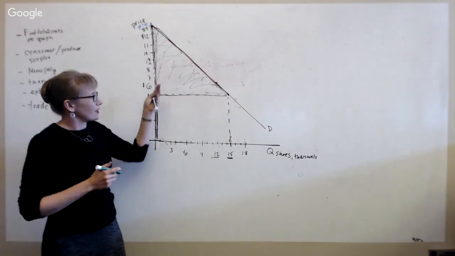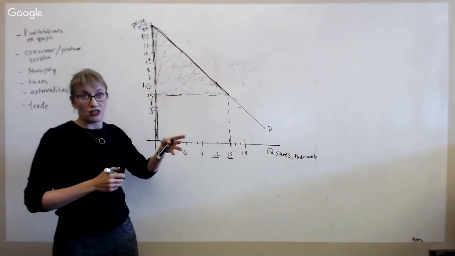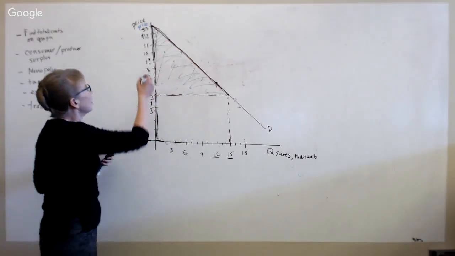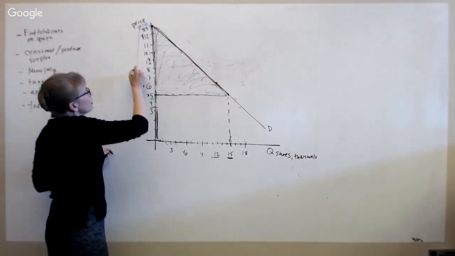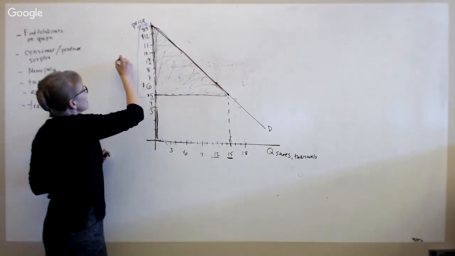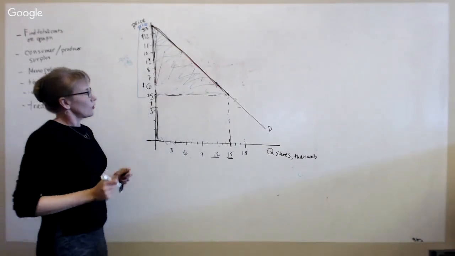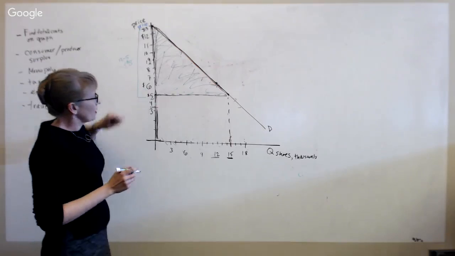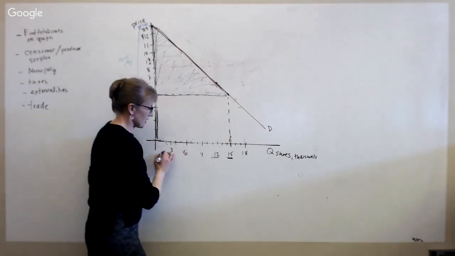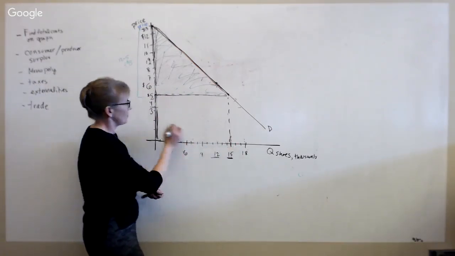Now, how do we find this value in a dollar amount? Well, this distance here, 13 minus 5, is equal to 8. So this is 8. This distance here, this is 15.